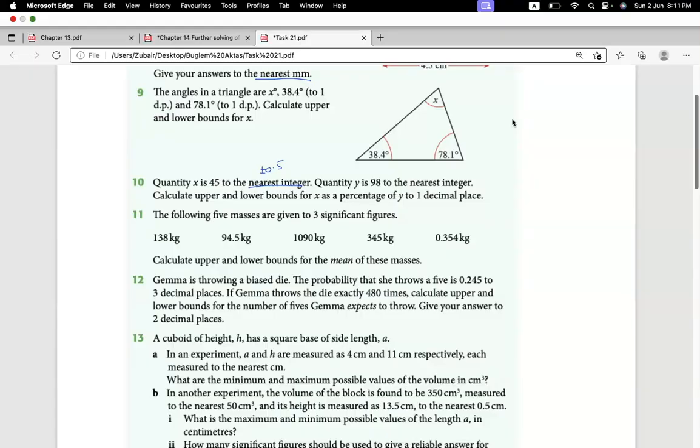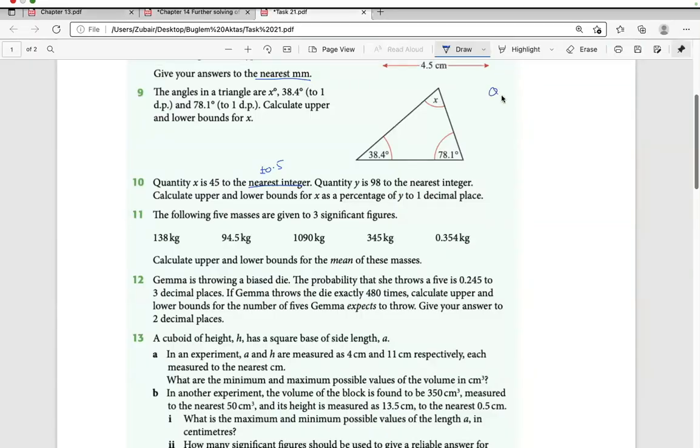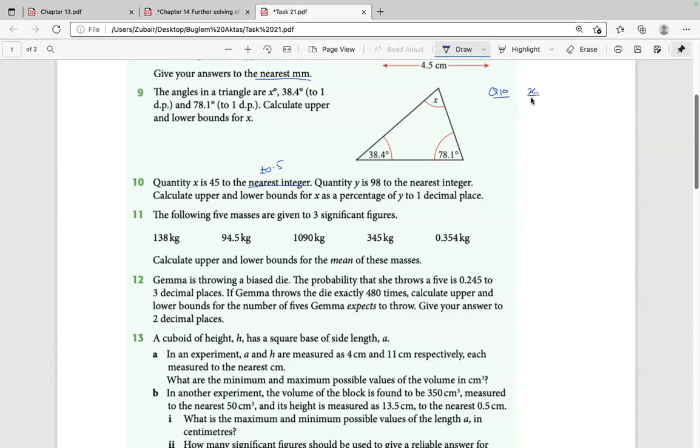Okay. So x could be 44 point... So we're looking at this formula. So for the upper bound, what values of x and y should we use? x could be 44.5 for upper bound? 45.5. 45.5 and y should be 98.5, 97.5.